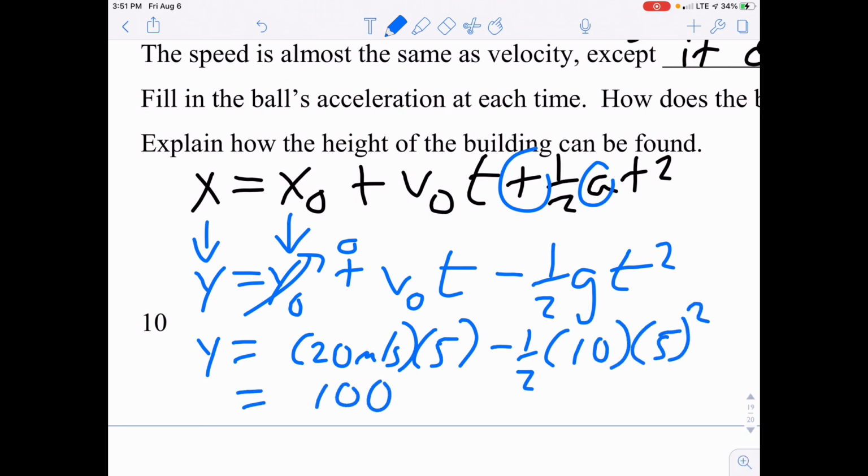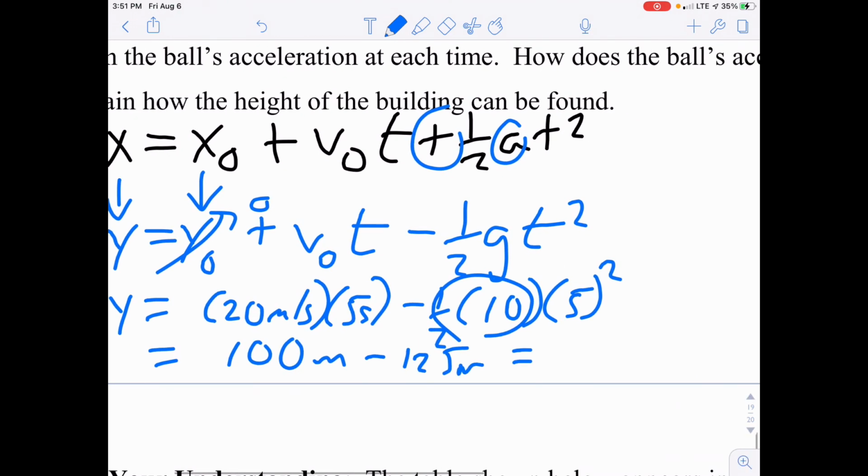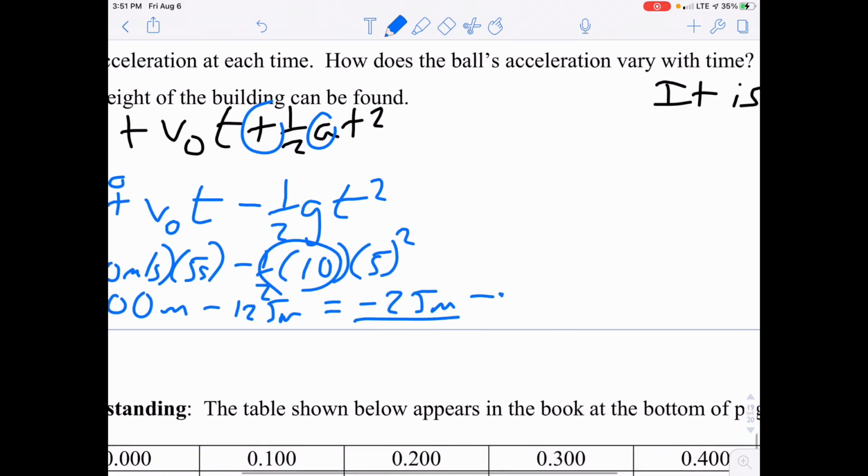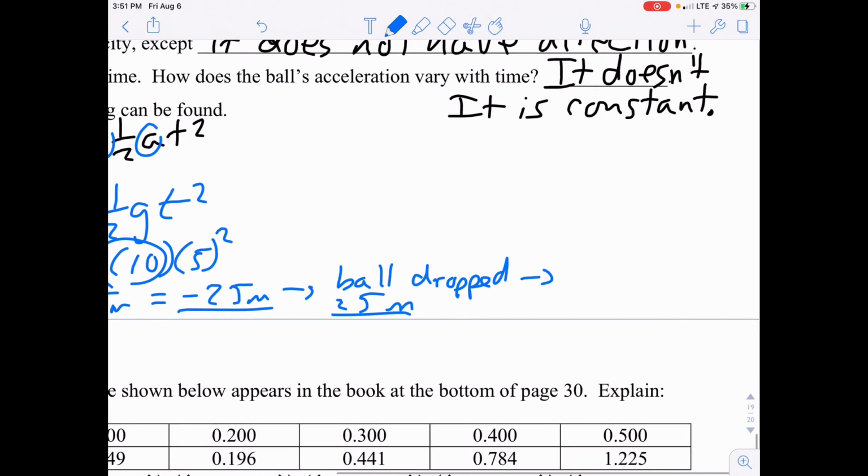So this will be 100 meters minus 5 times 25, which is 125. What this number tells you is the ball dropped 25 meters. It fell 25 meters below where it started from, which means the building is 25 meters tall. That would be the height.